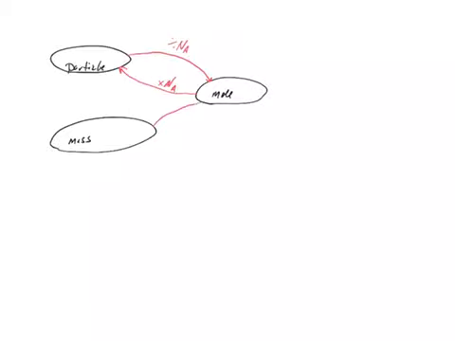To go from mass island to mole island, I would divide by the molar mass. MM is molar mass. To go from mole island back to mass island, I would multiply by molar mass.